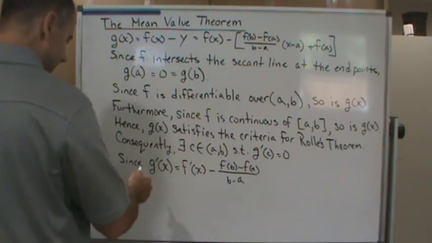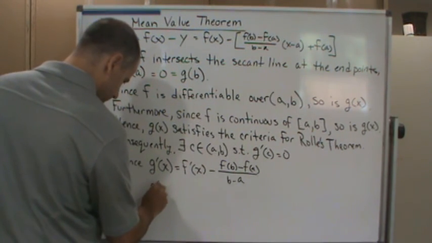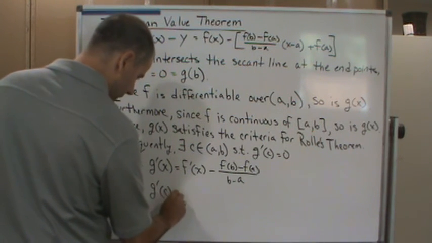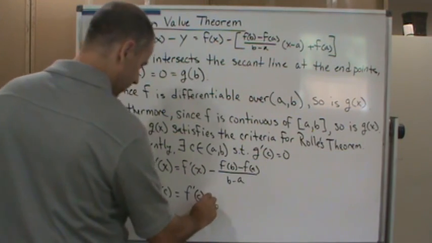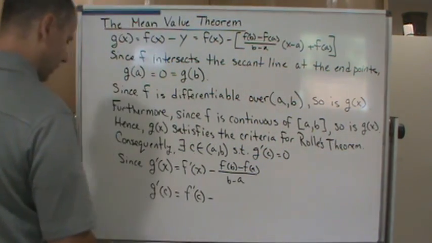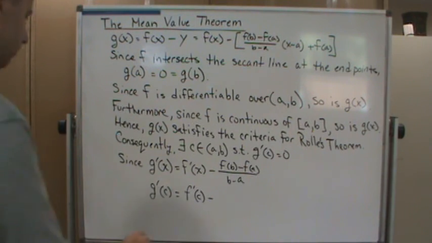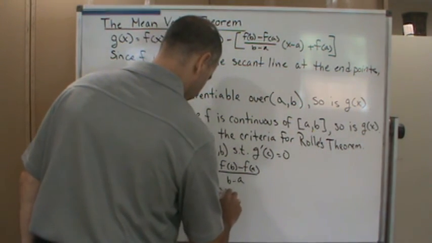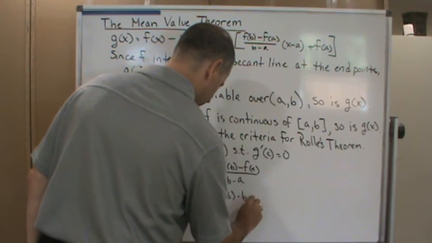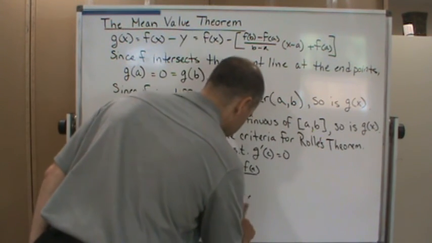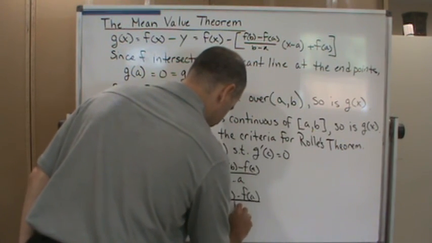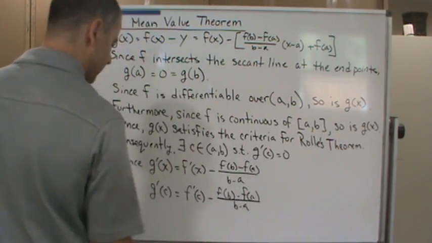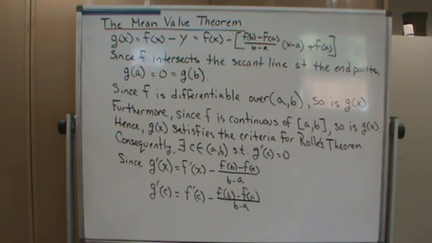So now, that means g prime of c is equal to f prime of c minus (f of b minus f of a) divided by (b minus a). Again, this is just a constant, right? So now all I do is plug in c in place of x.